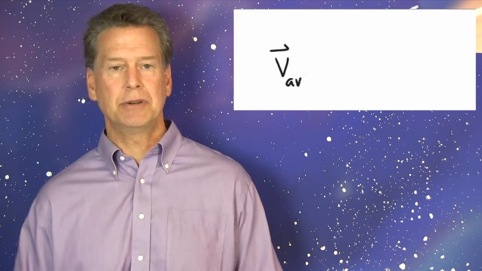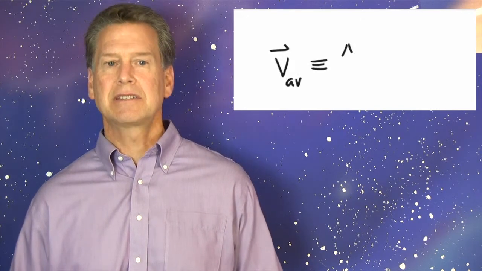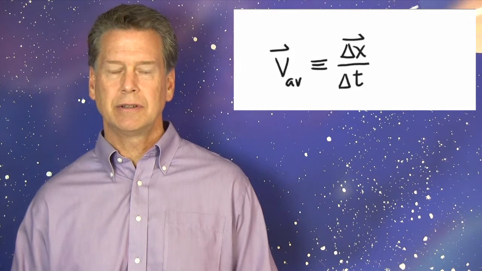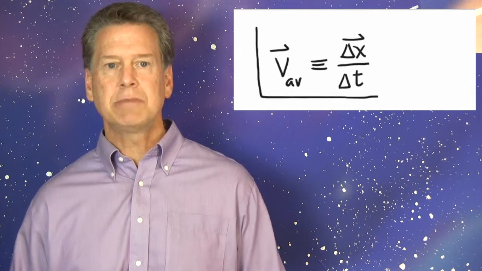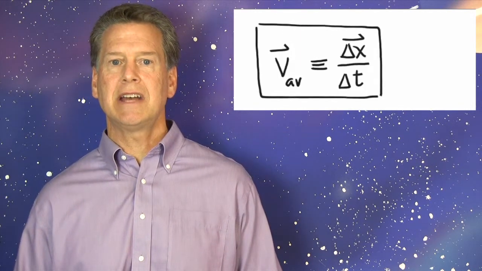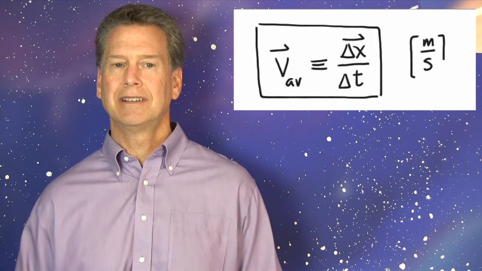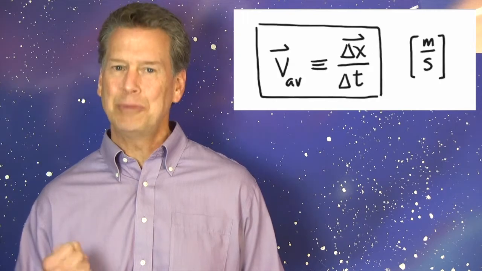We'll describe and understand changing velocity when we consider acceleration in episode RP7. What you'll most want to remember from this episode, RP6, is velocity is the rate of change of position. V vector sub AV is defined as delta x vector divided by delta t in good old meters per second.